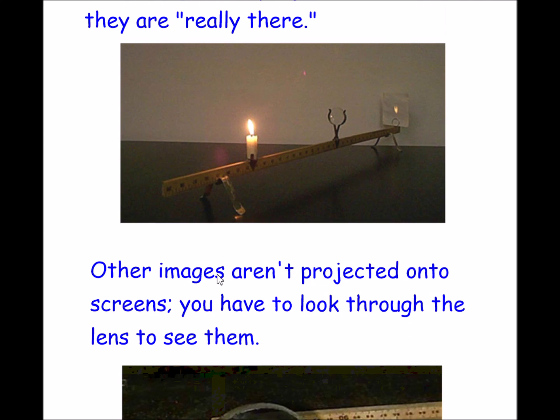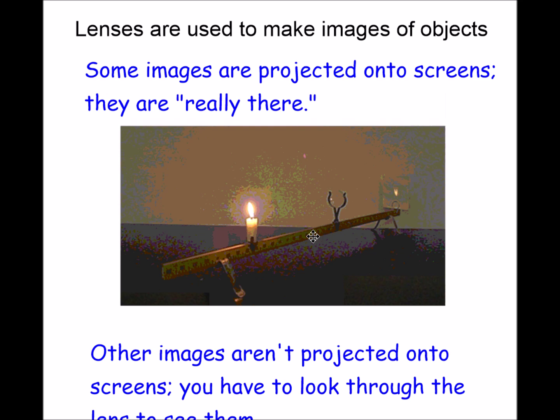The important thing to realize is that with this kind of setup right here, you actually could not see a virtual image. You might think that if you could put your eye someplace over here in the background, and actually look through the lens back at the candle flame, that you might see a nice clear image of that candle flame.